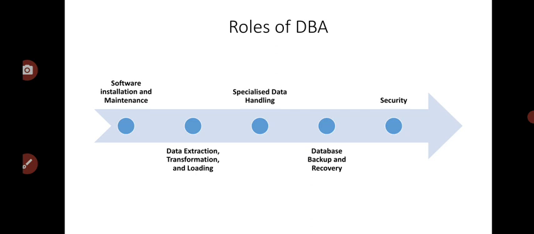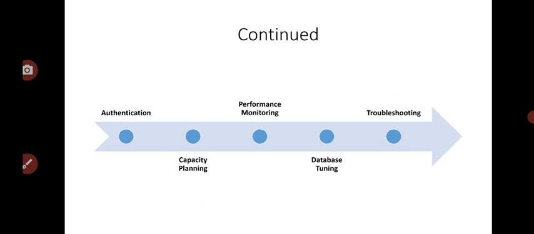The roles of the DBA are software installation and maintenance, data extraction, transformation and loading, specialized data handling, database backup and recovery, security, authentication, capacity planning, performance monitoring, database tuning and troubleshooting. These are the features, activities or functionalities done by the database administrators in the database management system.